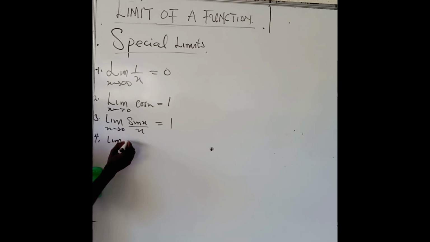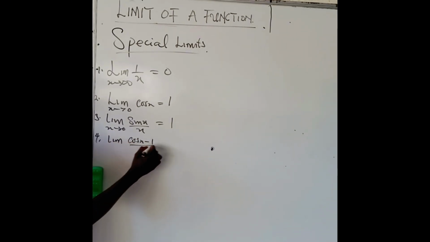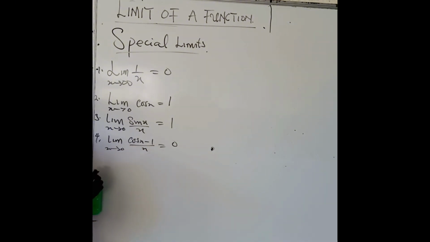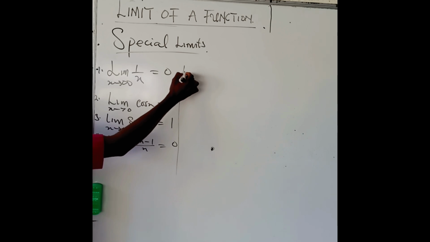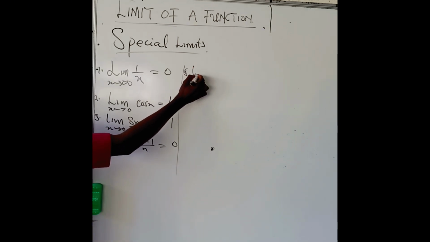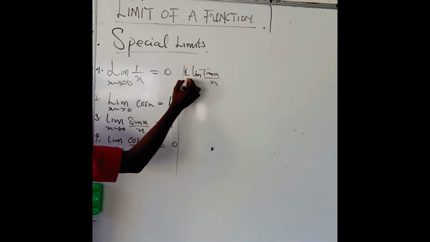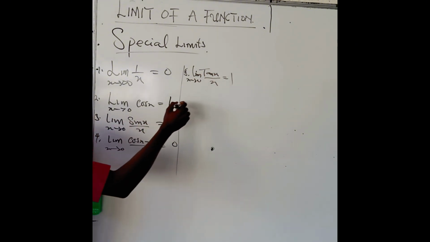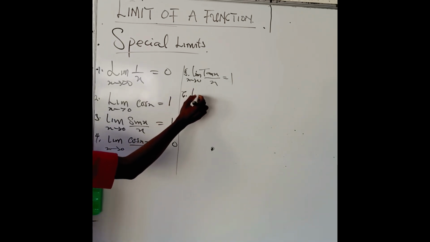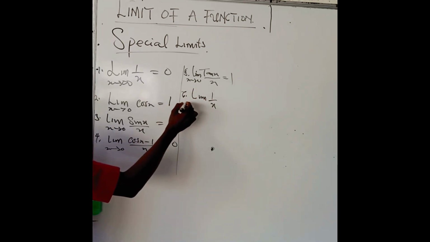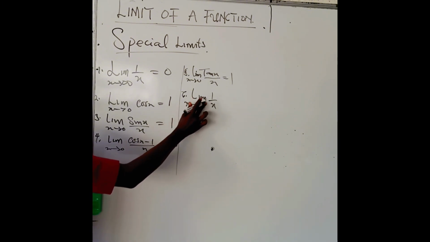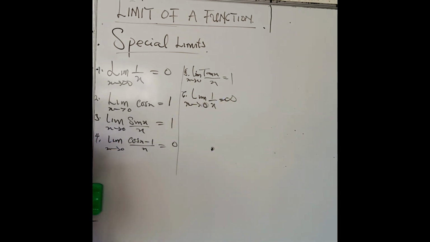Fourth, limit of cos s minus 1 over s as s approaches 0 is equal to 0. The fifth one, limit of tan s over s as s approaches 0 is equal to 1. Last one, you have the limit of 1 over s as s approaches 0 is equal to infinity. So, those are the special limits we have.